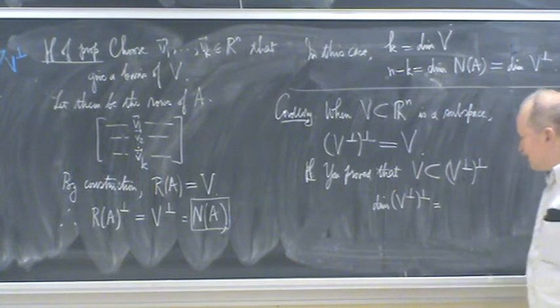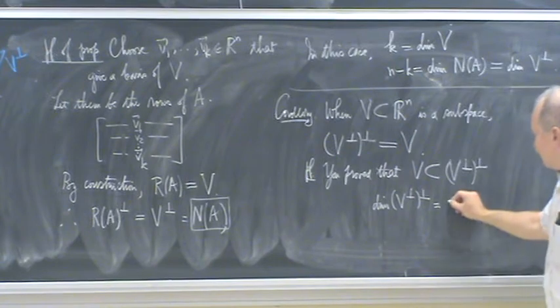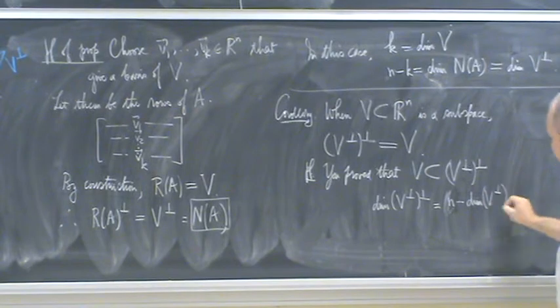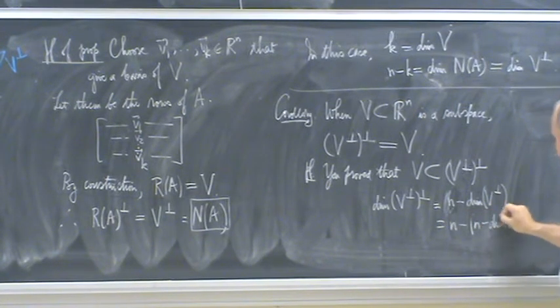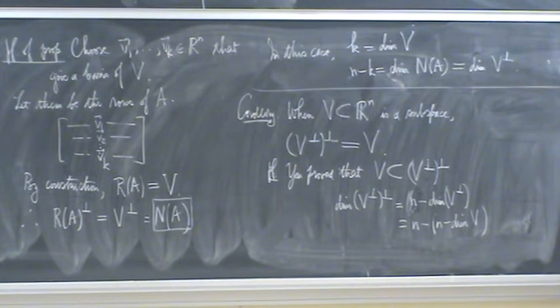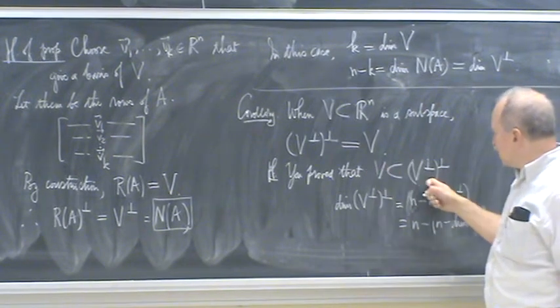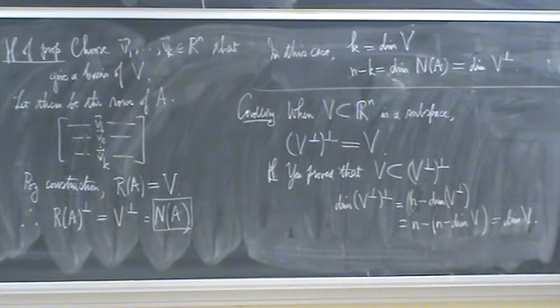By what we just proved, it's N minus the dimension of V perp, which is N minus (N minus dim V), which is just the dimension of V. They have the same dimension. So if you have two subspaces, one contains the other, and they have the same dimension, they are equal. I told you we'd use that.